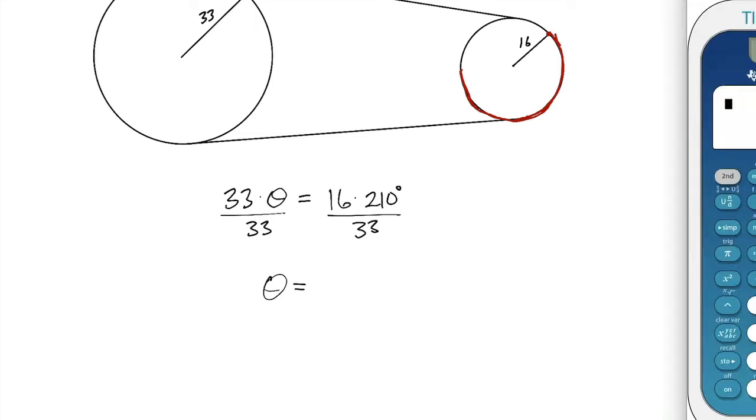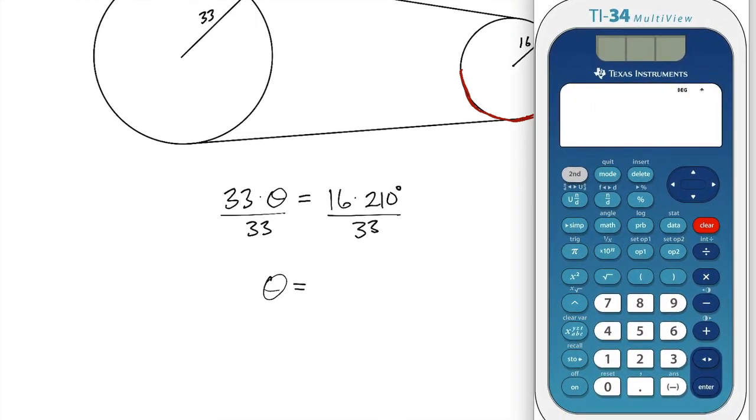So I'm going to go pull my calculator in now and type that. So I've got 16 times 210 and then divided by 33 and hit enter. And this is not quite simplified actually. I'm going to use my simplification button to simplify that.